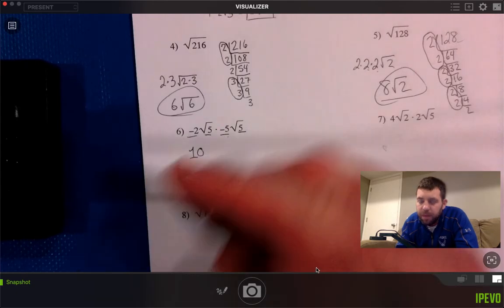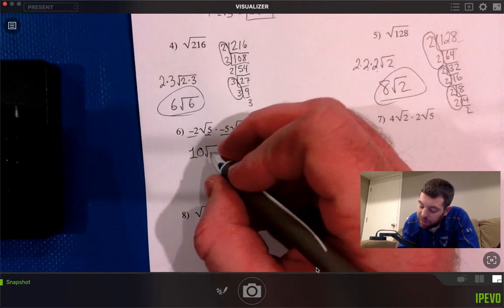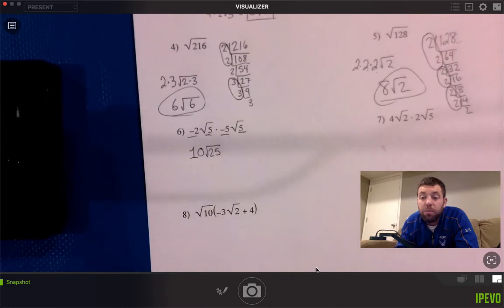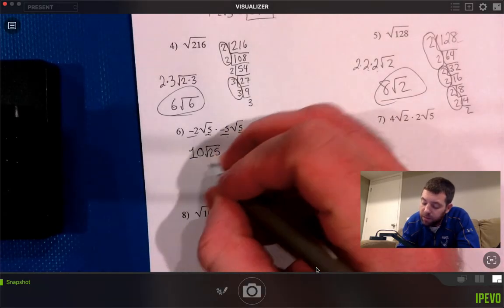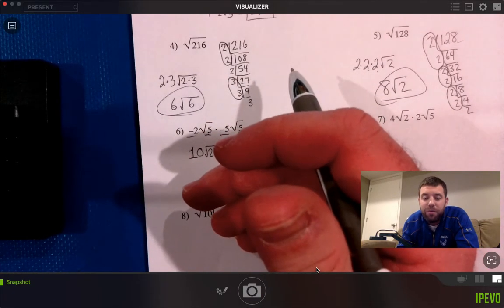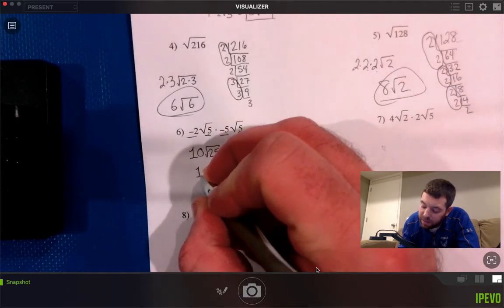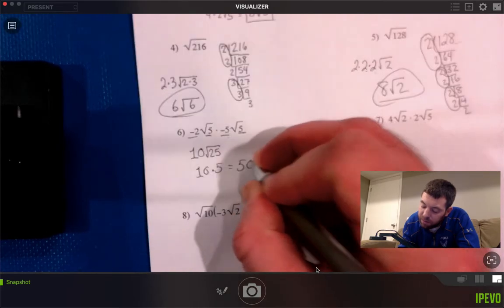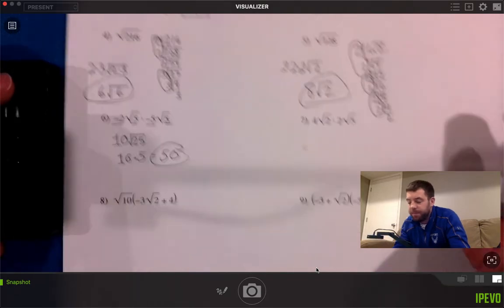Okay, and then radical 5 and radical 5 is going to give me a radical 25. Uh-oh, 25. It's a perfect square. We know that the radical 25 is 5. So what I got now is 10 times 5, which is 50.